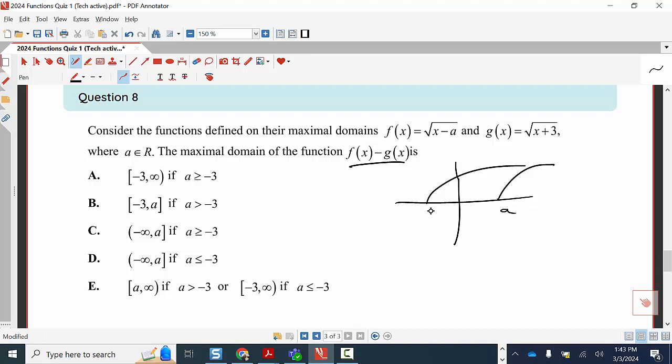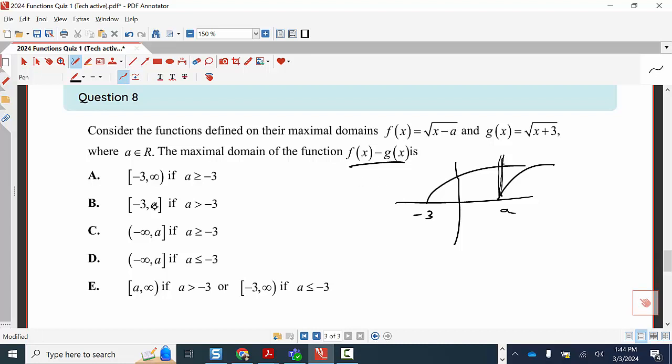So here's a and here's -3. We can see that in this instance f of x take away g of x is going to be these values here, because this function produces a value and this function produces a value. Below these values, it doesn't, so we can't subtract the functions.